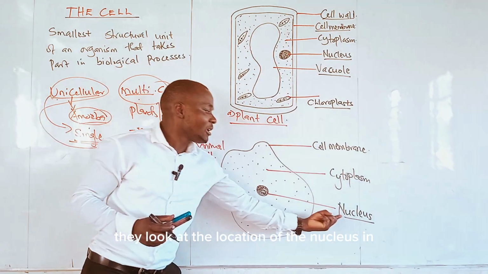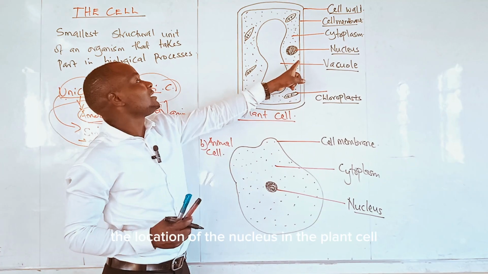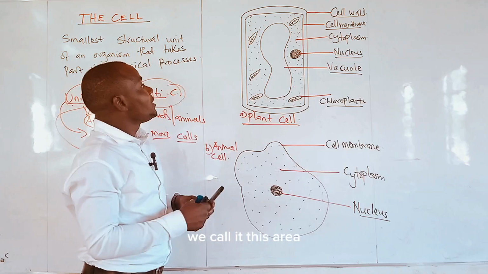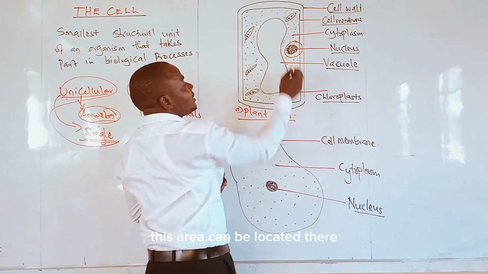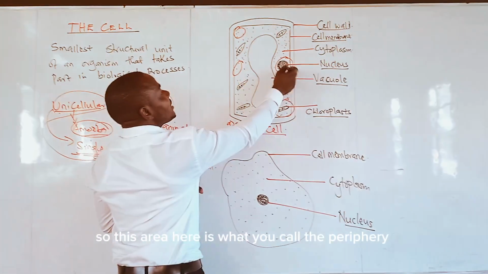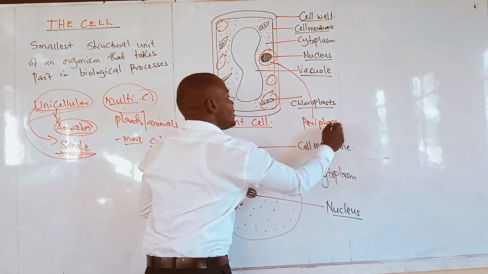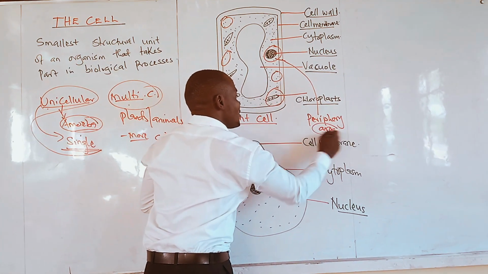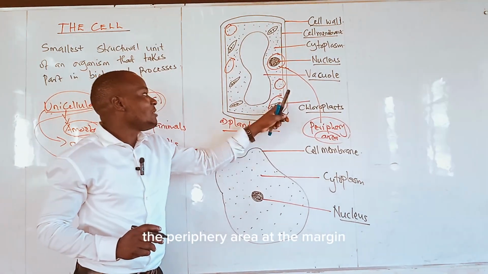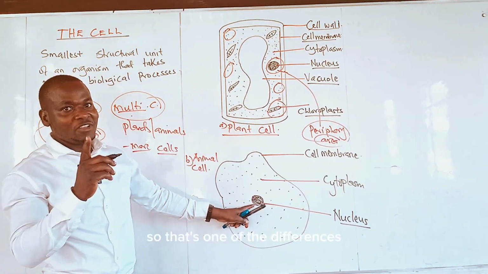Then look at the location of the nucleus in an animal cell and in the plant cell. In the plant cell, the nucleus can be located there, here, somewhere there, or around those areas. This area here is what we call the periphery area. So while the nucleus in a plant cell is located in the periphery area at the margin, in the animal cell it is located at the center. That is one of the differences.